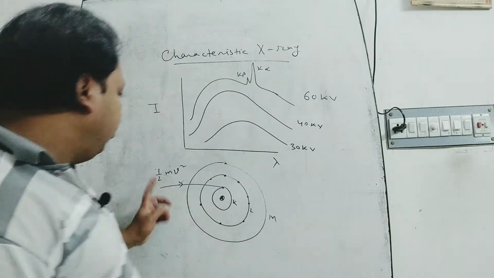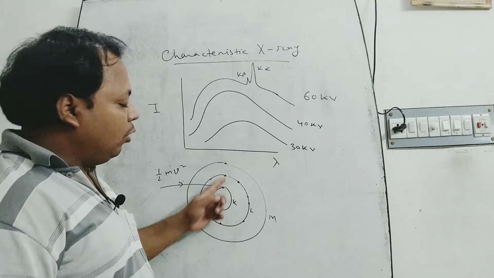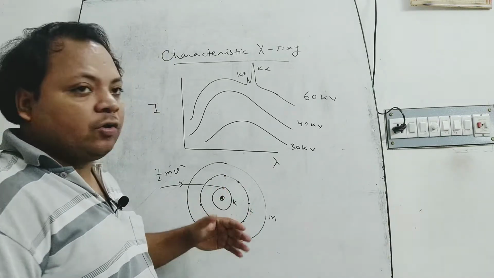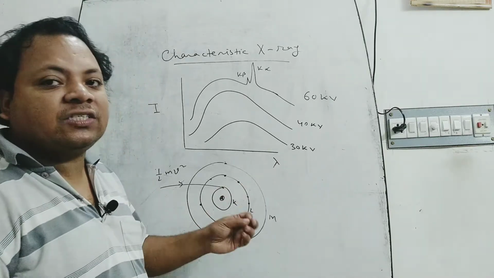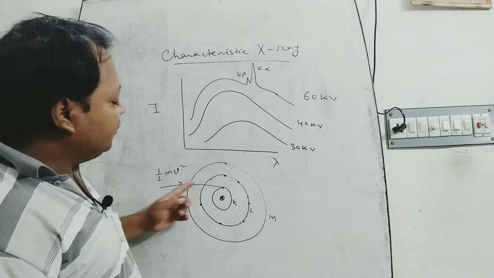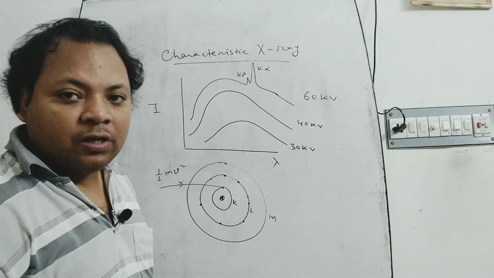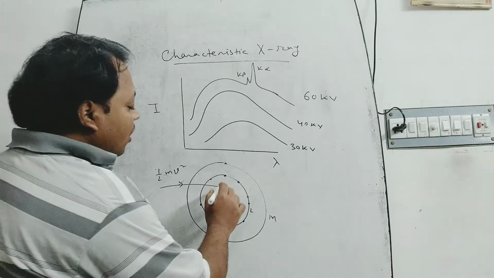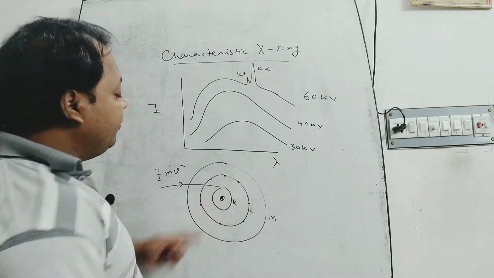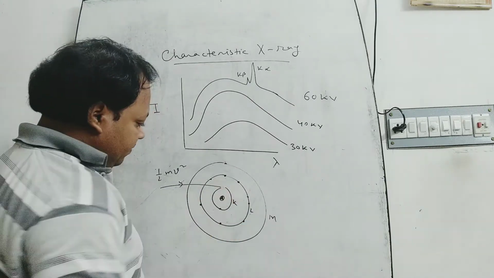That's why when the incoming electron strikes the orbital electron of the target atom, the orbital electron can be displaced from its own orbit. Let us consider this incoming electron strikes the orbital electron at the K shell. Therefore, this orbital electron is displaced and creates an empty space inside the K shell.